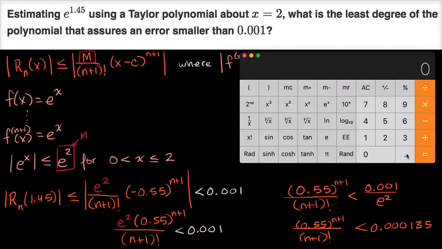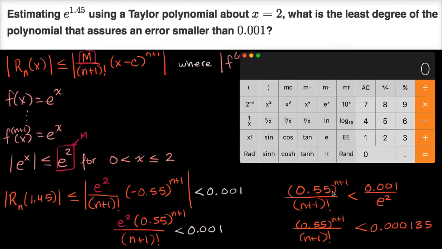So 0.55 to the 4th power is equal to that, divided by 4 factorial, which is 24. So that's nowhere near low enough.